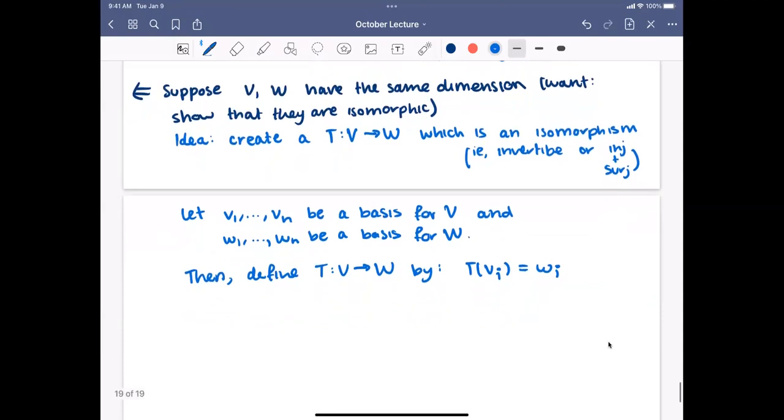So how might we do that? You could show that it's injective. Yeah. So we can just show that it's injective and surjective.